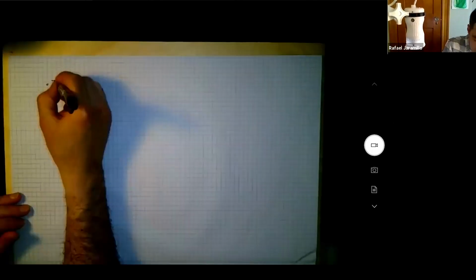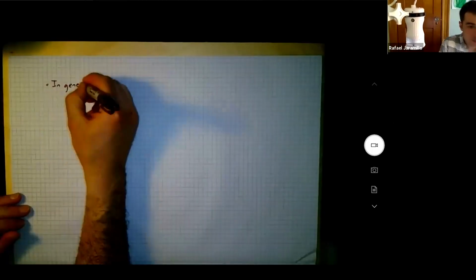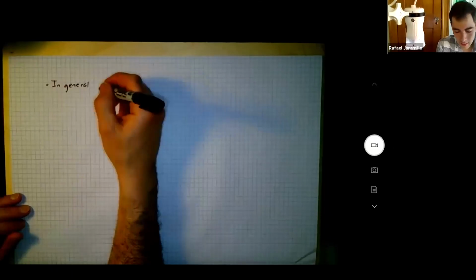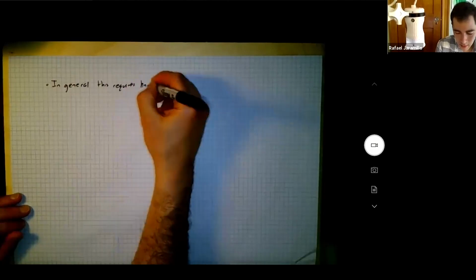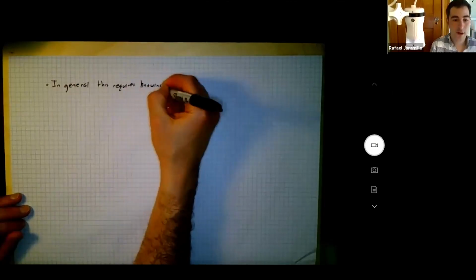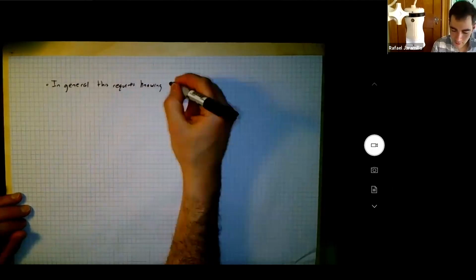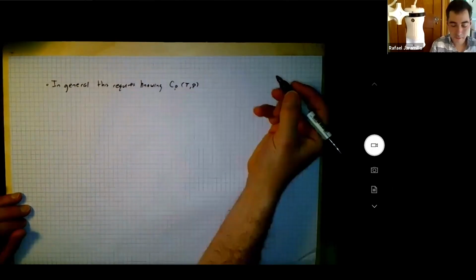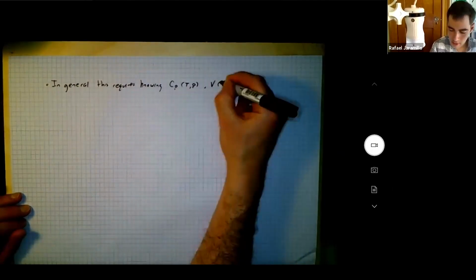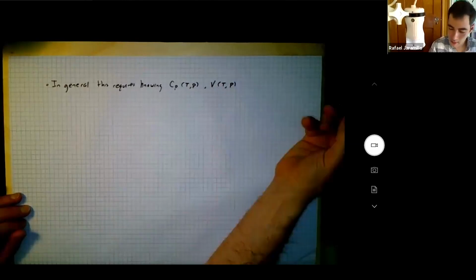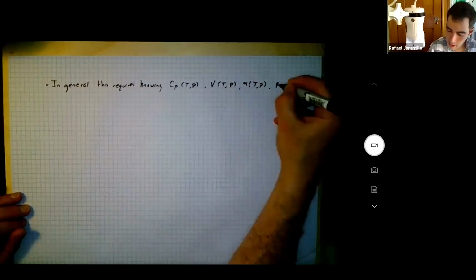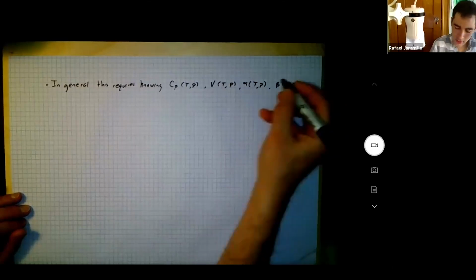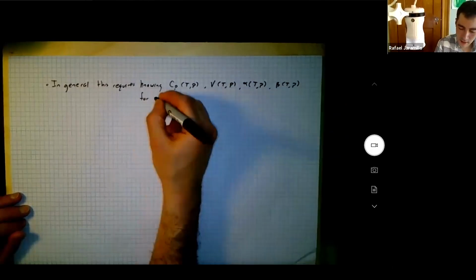So in general, this requires knowing Cp as a function of temperature and pressure, V as a function of temperature and pressure, alpha as a function of temperature and pressure, and beta as a function of temperature and pressure for both phases.